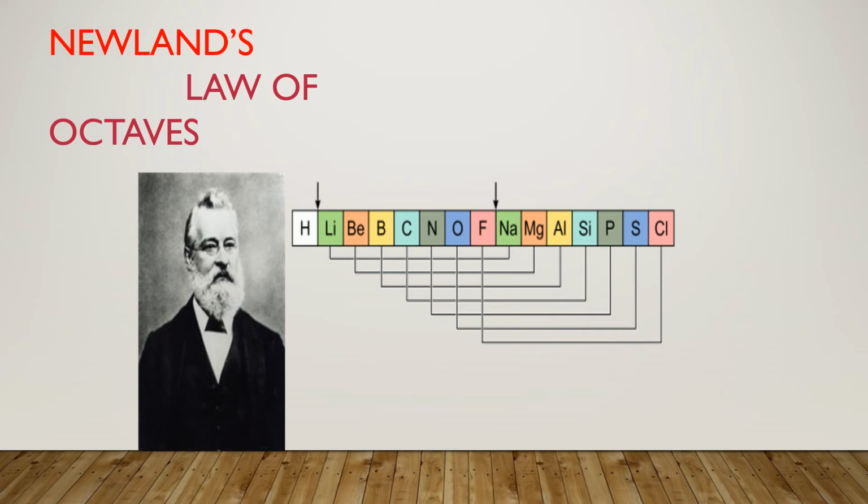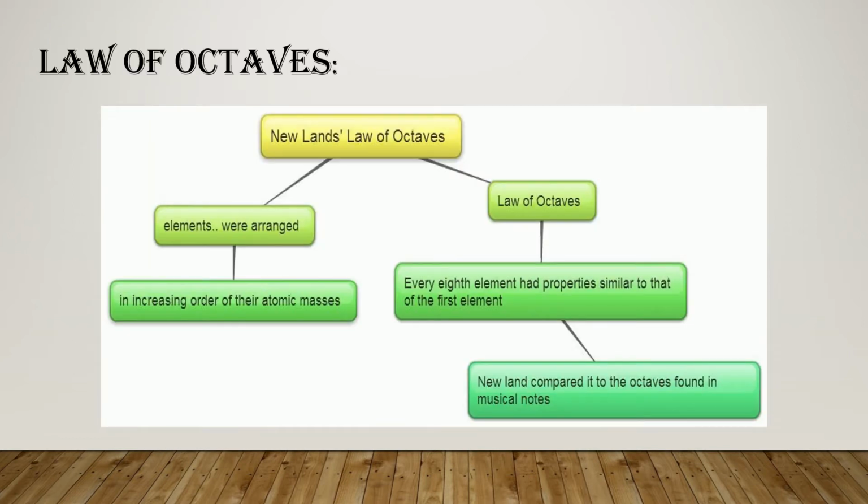Now, why did he use this word octave and why did he arrange them in sets of 8? What Newland observed is that when he kept on arranging the elements in the increasing order of the atomic masses, the 8th element was a repetition of the first element with respect to properties, like the 8th note in music is the repetition of the first note.